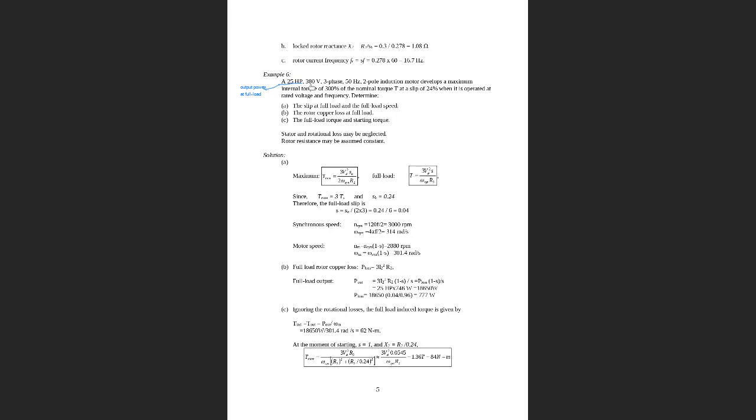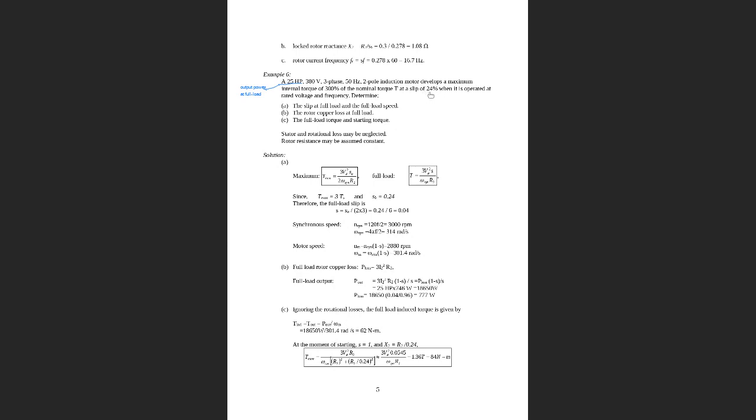And 380 volts is the voltage applied on the stator, and it is a 3-phase motor, the frequency of the current is 50 hertz, and it is a 2-pole induction motor. So it has a maximum torque of 300%, which means 3 times the rated torque, and a slip of 24%, 0.24.